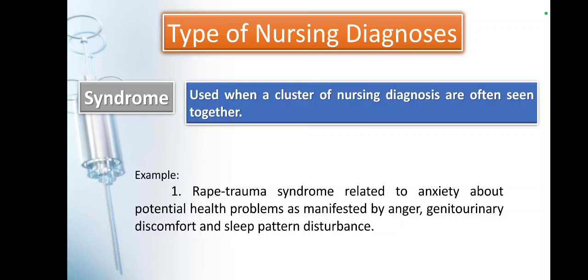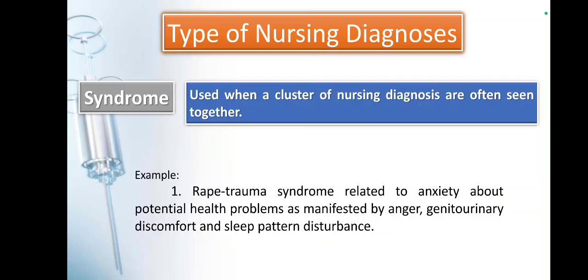disturbances. Now, according also to the different types, we can use this in order to make our diagnosis and prioritize needs. So, in making your nursing diagnosis, you have to check first the actual nursing diagnosis. You have to check if there is any actual problem during the nursing assessment.